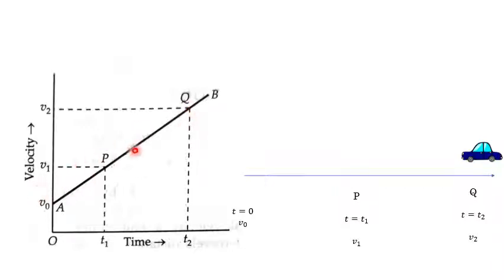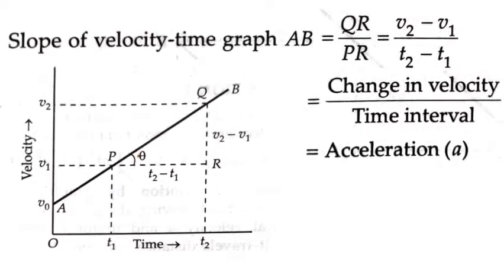So this is your velocity time graph. Now in this graph we will look at what the slope PQ represents. So the slope of the velocity time graph, which is PQ, or I can also say AB.